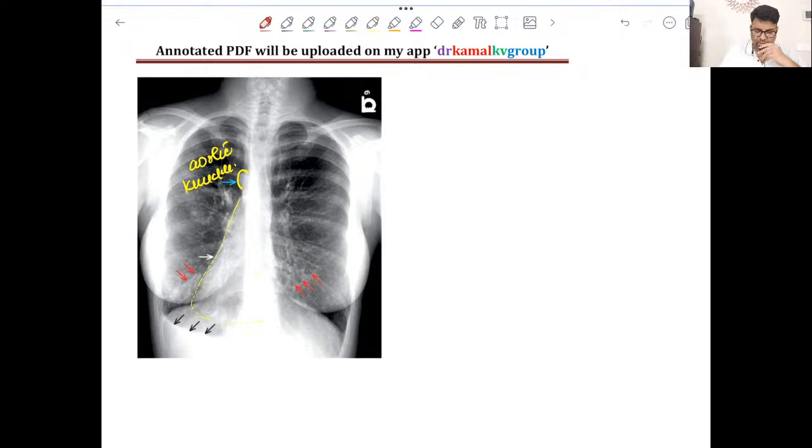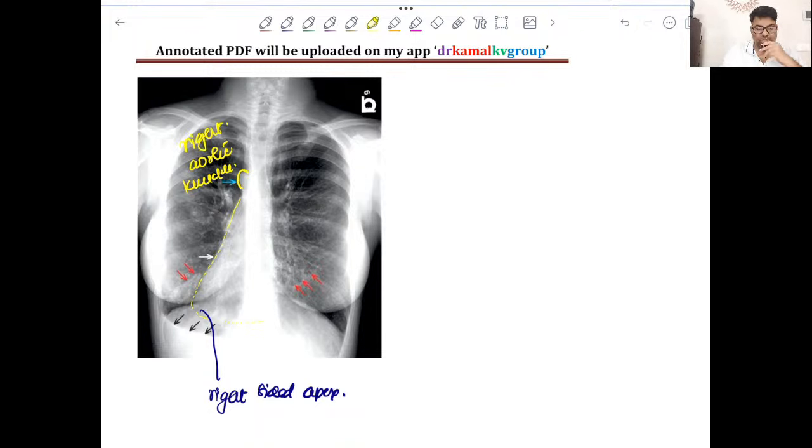So this is the left sided apex, right? And aortic knuckle is also right sided, I'm sorry, left sided is normal actually, right? So this is extremely sorry. So right sided apex and right sided aortic knuckle.